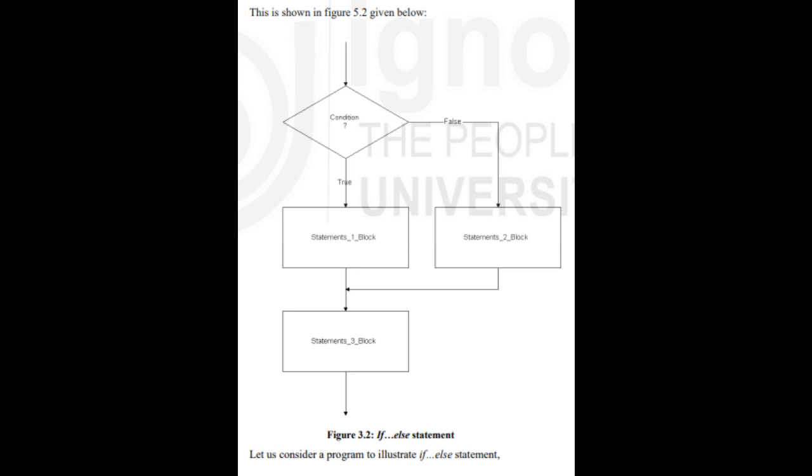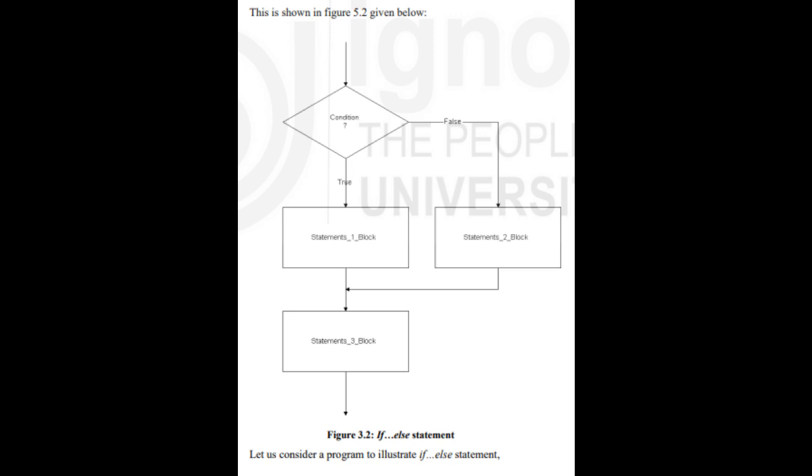If, else statement. If, else statement is used when a different sequence of instructions is to be executed depending on the logical value, true or false, of the condition evaluated.